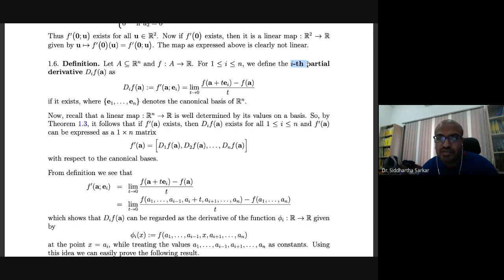So we actually define the partial derivative of a function from some set, not necessarily open, in Rn to R. In that case, this turns out to be a real number. So you plug in these real numbers and you end up getting the derivative of this function.